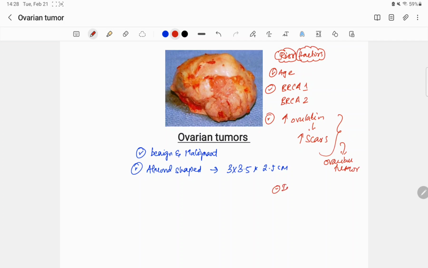And also infertility, early menarche and late menopause, and also endometriosis.